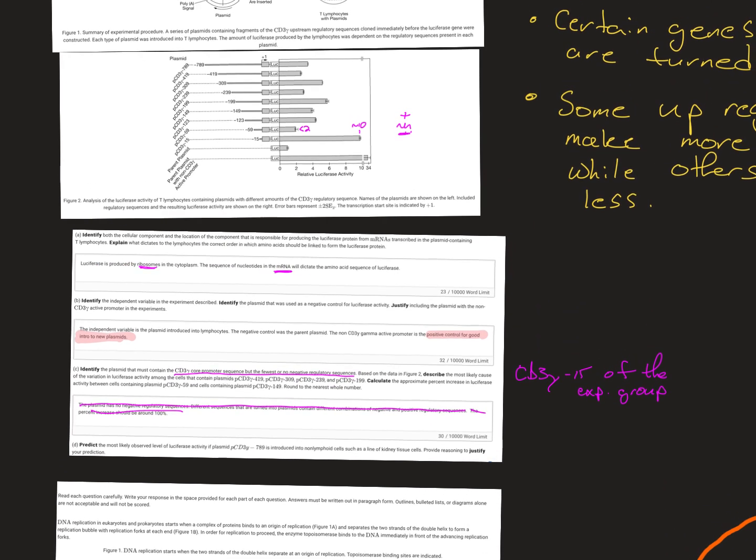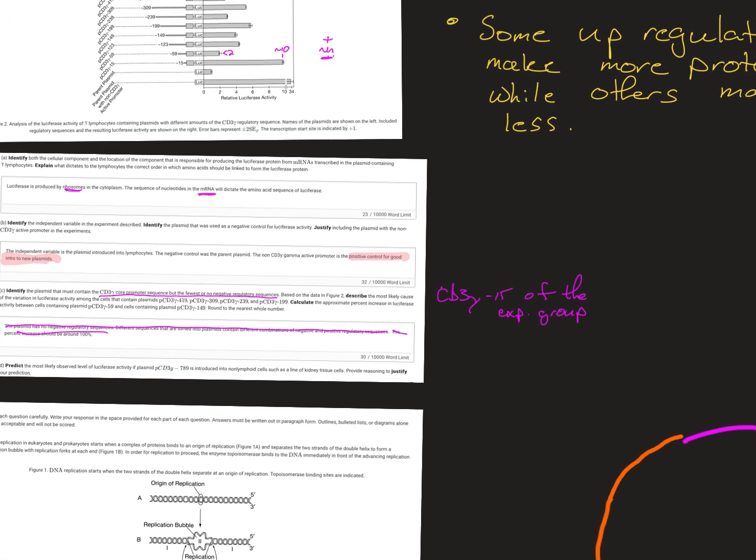If I look at the differences we just talked about, this is producing a lot more luciferase. This is producing a lot less. This is producing more. This is producing less. And 419 is a little less, 309 is more, etc. So what would explain the differences in that?